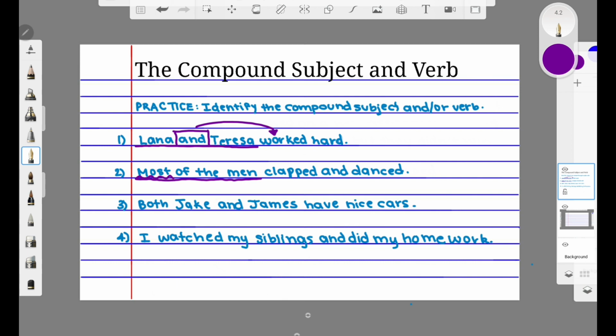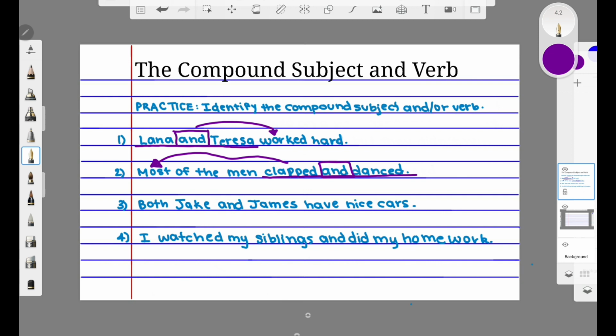Of the men just describes the most. So there's no compound subject in this case. And then clapped and cheered is a compound verb. It is joined by and, and they both have the same subject, most.